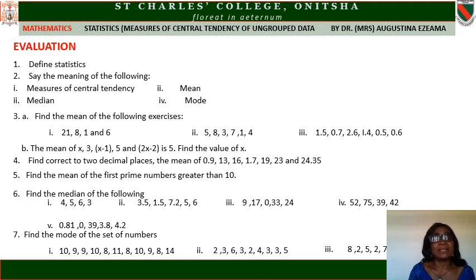Define statistics. Say the meaning of the following: measures of central tendency, mean, median, and the mode. Number 3, find the mean of the following exercises: 1, 21, 8, 1, 6.